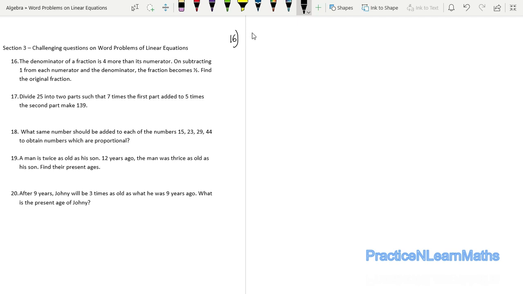Let the numerator be x. Then the denominator is x plus 4.